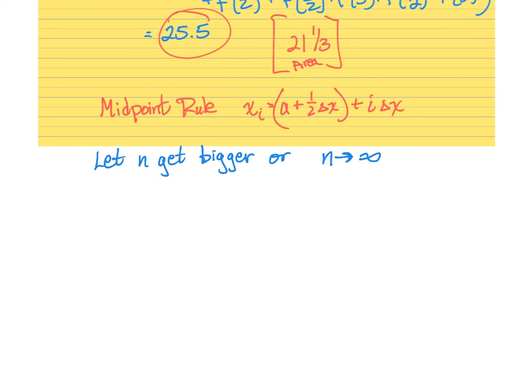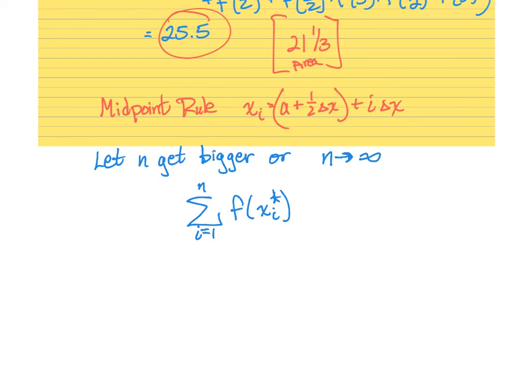So here's what we have. The formula for the area is the sum from i equals 1 to n of f of x sub i star times delta x. I'm going to put a little star there because that depends on whether you're using the left or the right, so we don't have to keep bouncing back and forth.